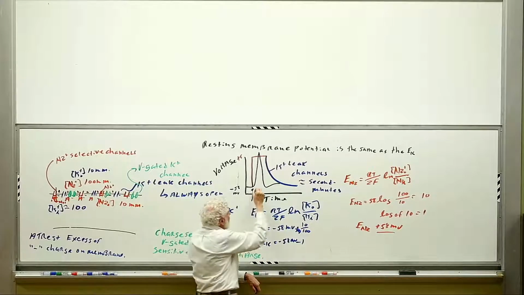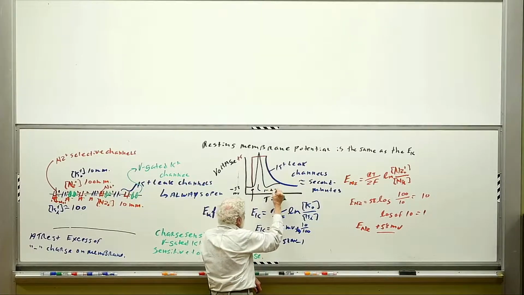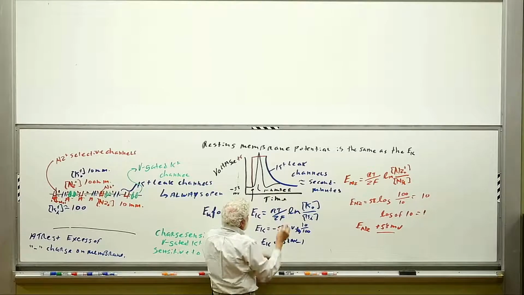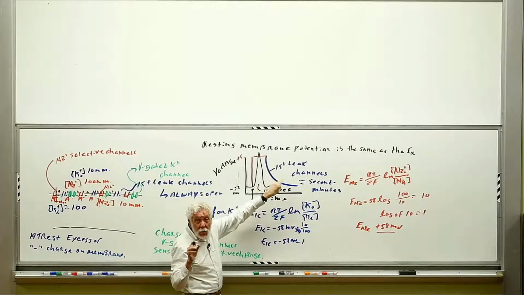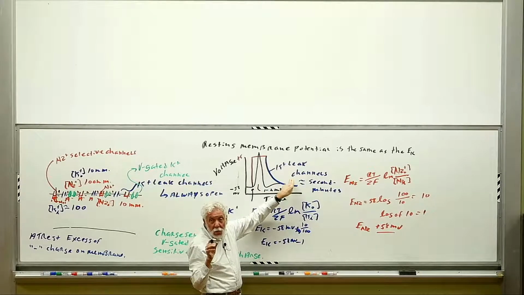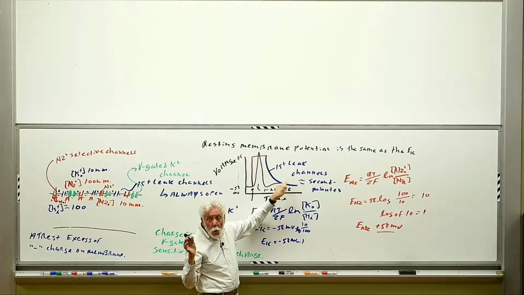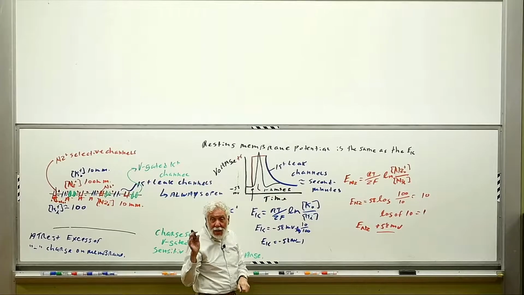The duration of this thing is about 1 to 2 milliseconds. Whereas if we were entirely dependent upon the leak channels, it would take seconds to minutes. So we simply speed up the potassium leaving by opening those voltage-gated potassium channels.